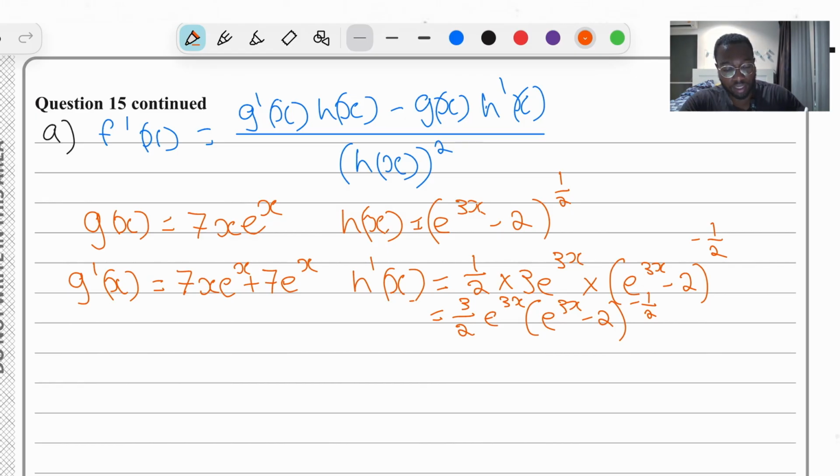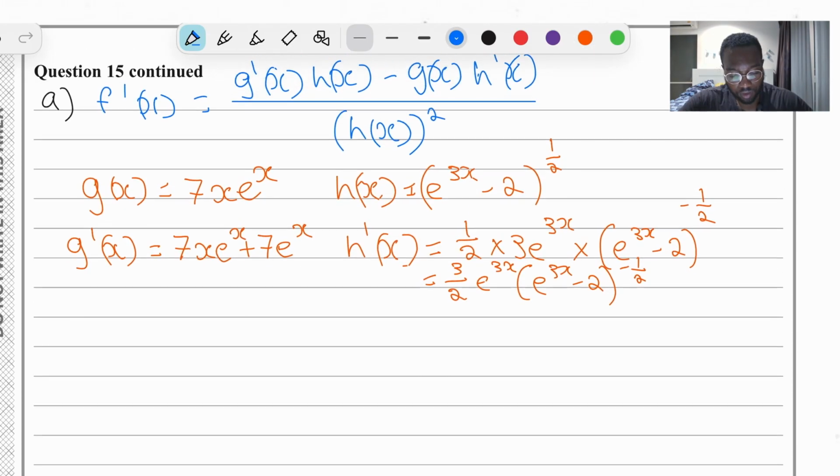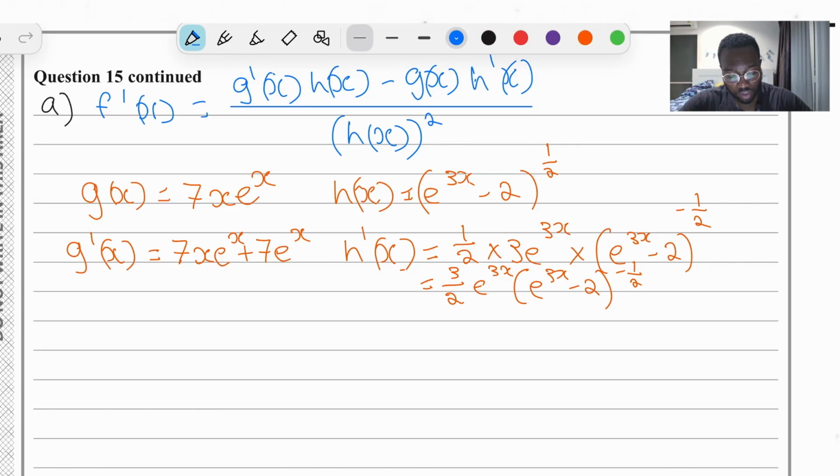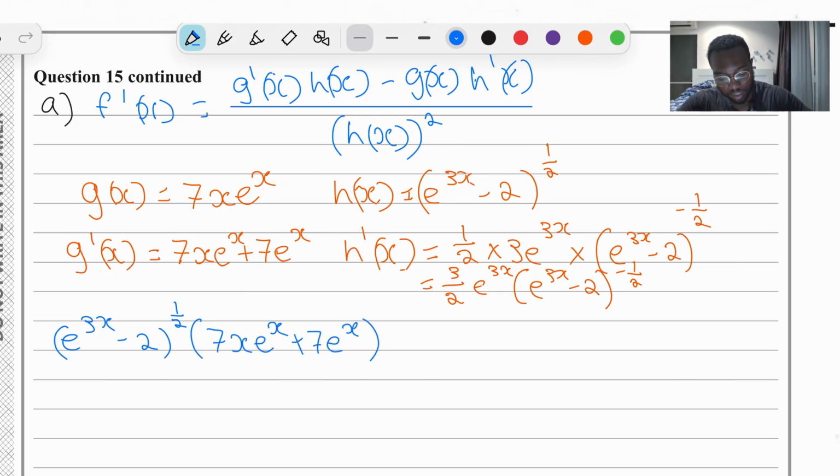Okay, and now we need to put that into the formula. So if we put this into the formula now, we have g dash x times h of x. If I write the h of x first, that will be (e to the 3x minus 2) to the half, and that will be times 7x e to the x plus 7 e to the x. And that is a minus g of x times h dash x. In our case, that will be a minus 21 over 2x, okay, 21 over 2x.